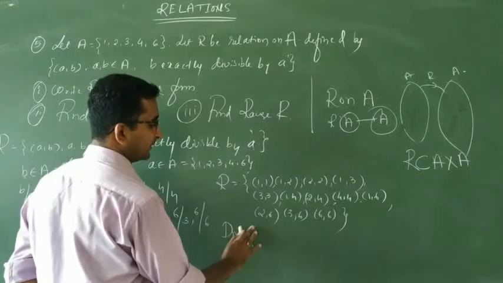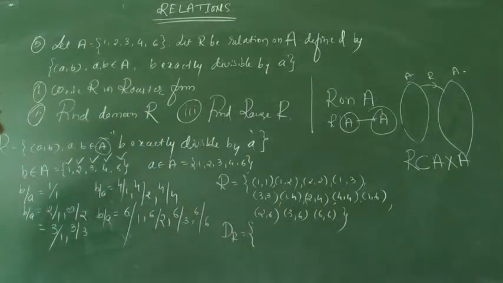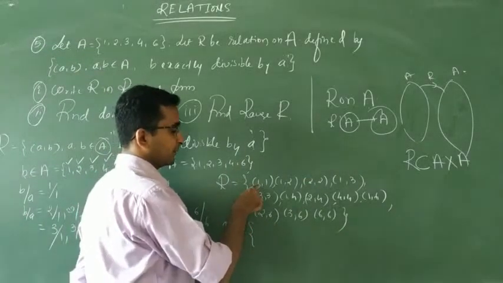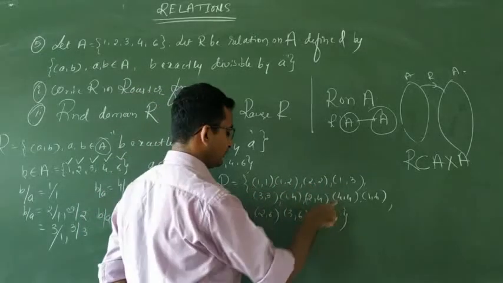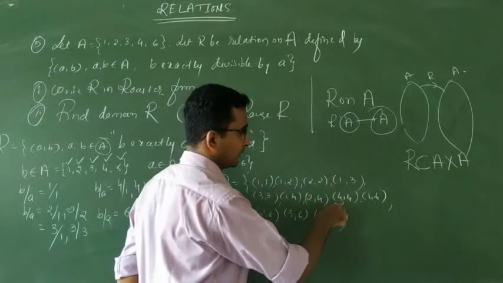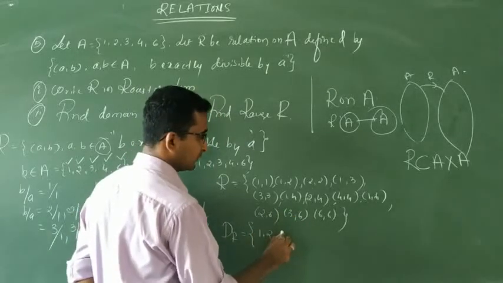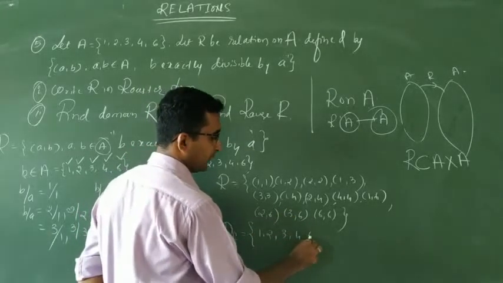What is the domain of R? We have to take the first elements of the ordered pairs of this relation. The first elements are 1, 2, 3, 4, 6.